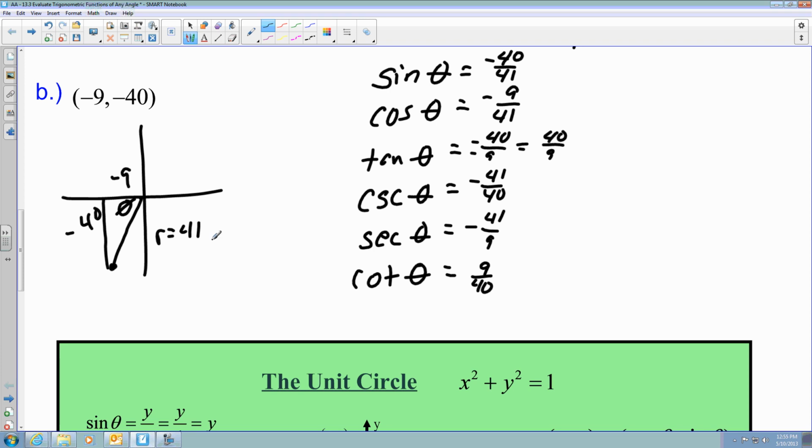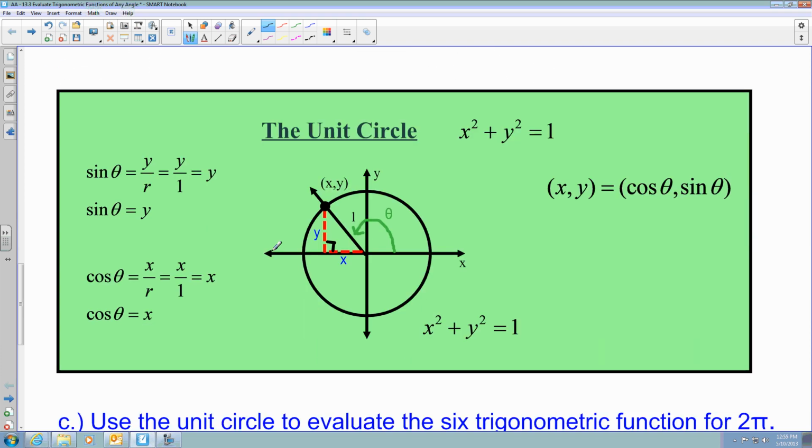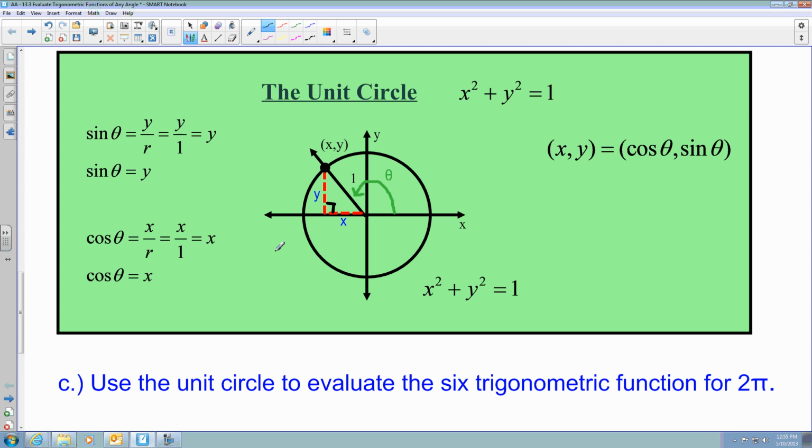Okay? And this is kind of what I was talking about earlier about the unit circle. The unit circle is a circle with the radius of 1, and it allows us to find what x and y will be respectively through that unit circle.